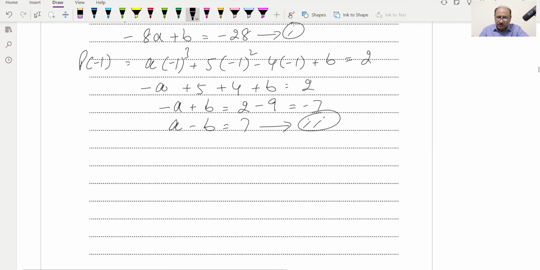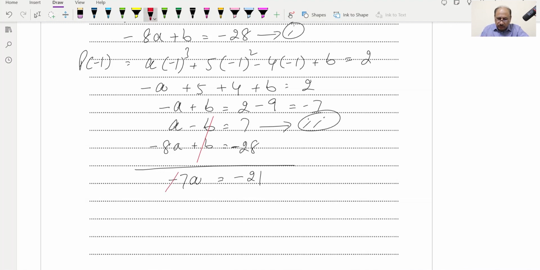Equations 1 and 2 can be solved simultaneously. Here I'm writing equation 1: minus 8a plus b is equal to minus 28. Now we can add and cancel b, and we will have minus 7a is equal to minus 21.